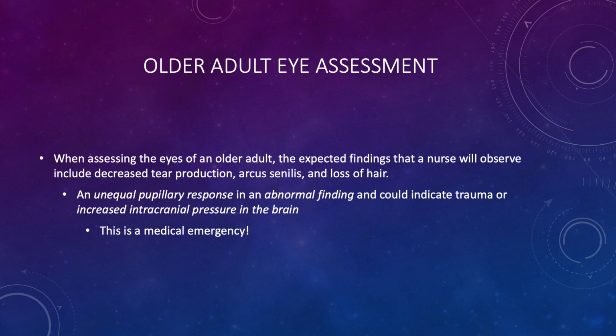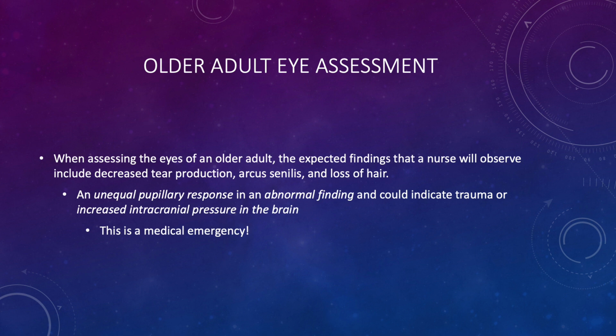It can be from increased intraocular or intracranial pressure in the brain via hemorrhage, via a meningioma, right, or glioblastoma, anything that is pushing against that area. What's going to happen is your pupillary response is going to constrict on one side and then dilate on the other side.